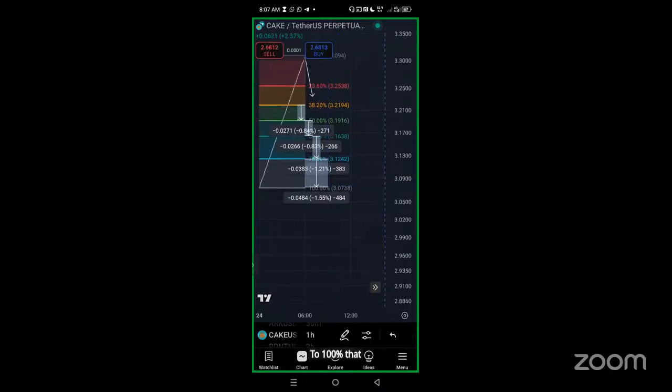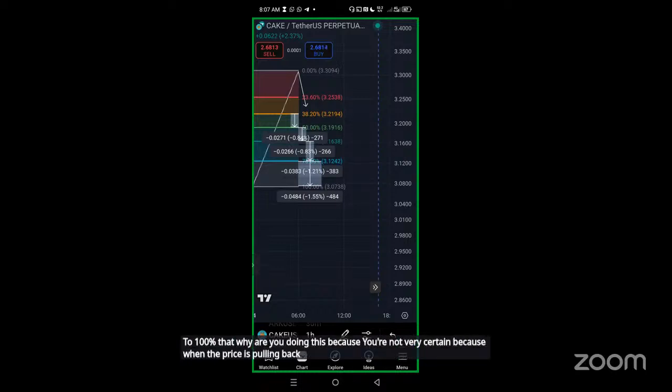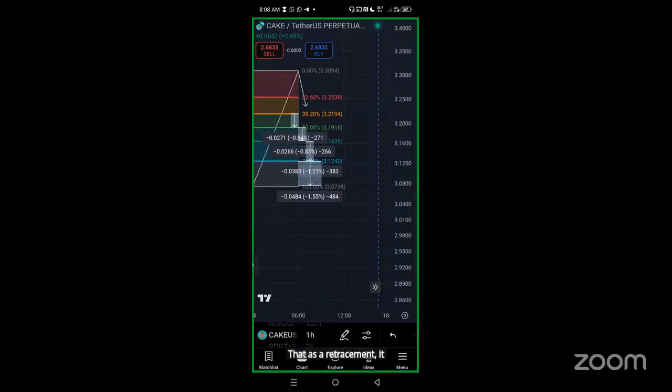Why are you doing this? Because you're not very certain. Because when the price is pulling back, there are two possibilities. Either it will reverse upon touching any of the three price retracement levels or fib levels, or it will actually break below and continue down, which in that case you will not refer to as a retracement. It will be a trend reversal. Okay?